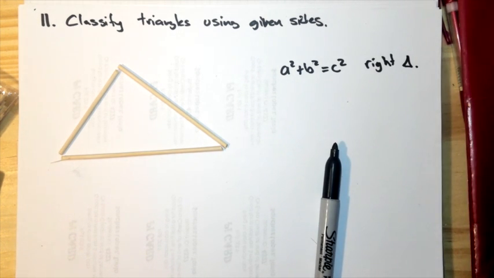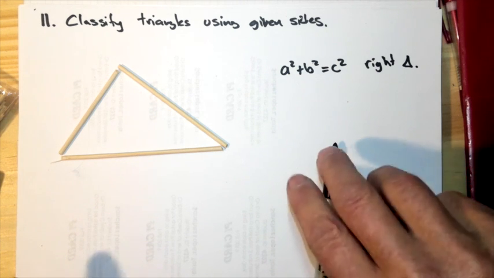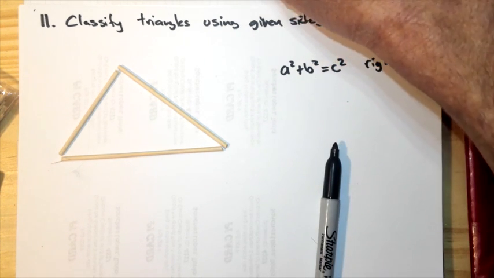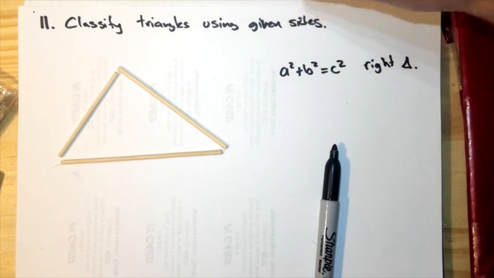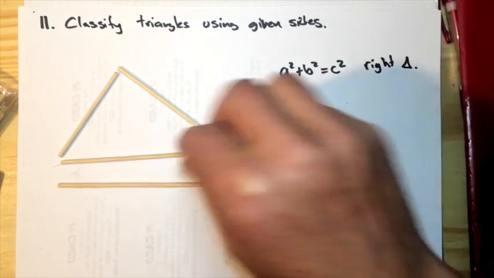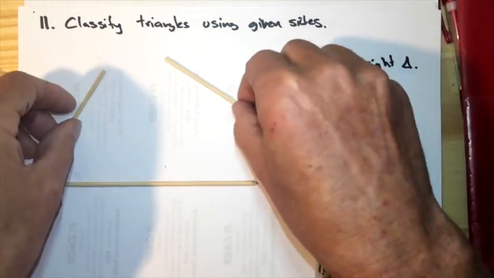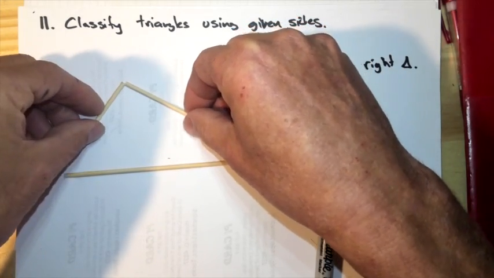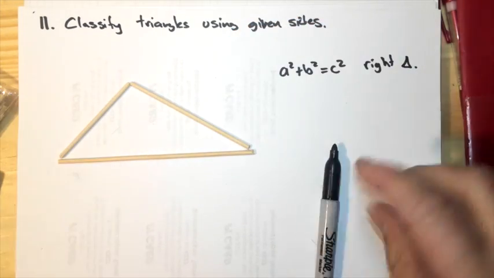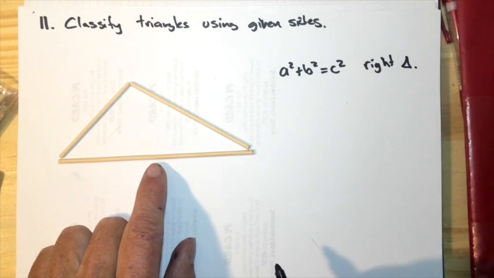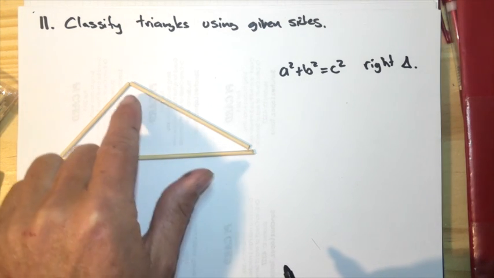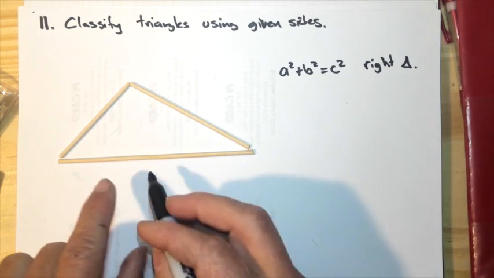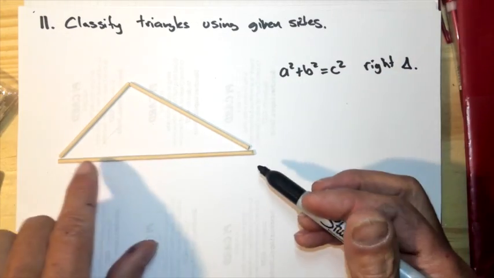Now, sometimes you're given another side that's not a right triangle. So let's suppose I was given this side instead of this side. Now, in this case, this long side is going to be a bit longer, and it's going to be an obtuse triangle. That angle is now obtuse because this one stretched out and made this longer.